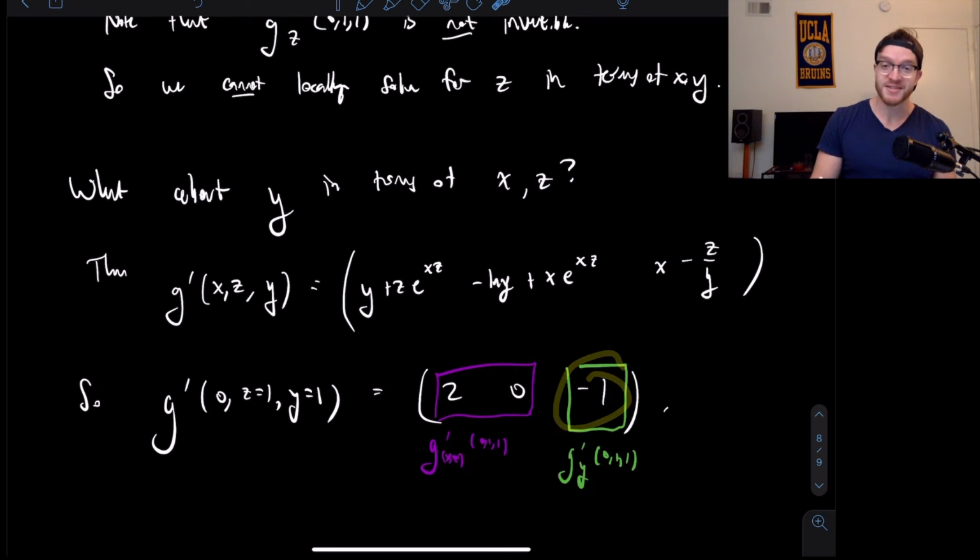This matrix is invertible. It's a 1 by 1 matrix, -1. Its inverse is the number -1. -1 times -1 is 1, which is the 1 by 1 identity matrix. So this time, G prime sub Y is invertible.